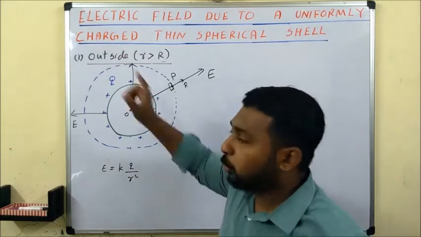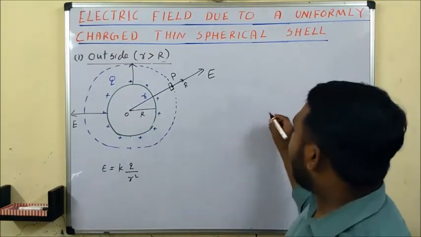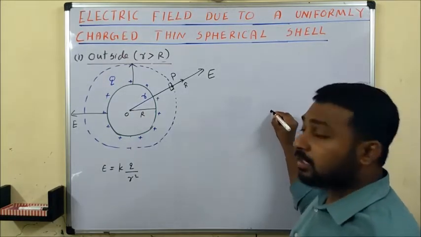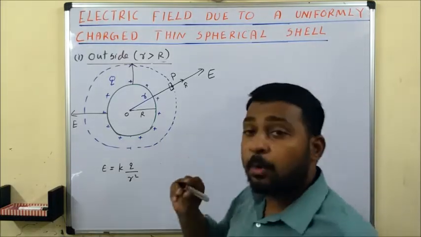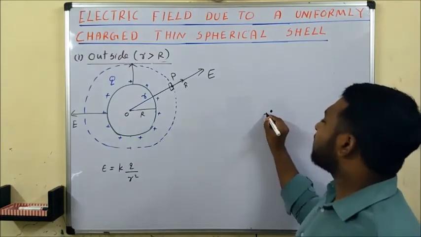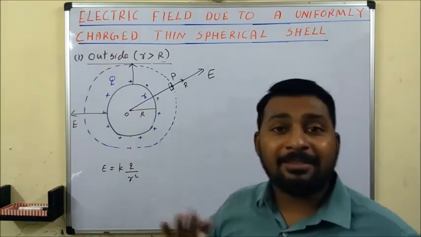That charge is Q. Now imagine that the complete charge is concentrated at a point O, plus Q. Same charge, but we don't have the shell.